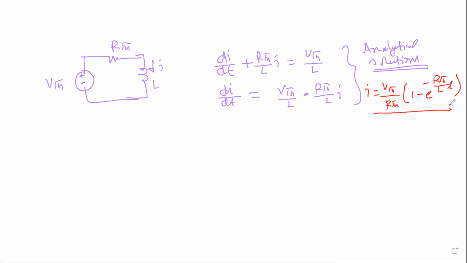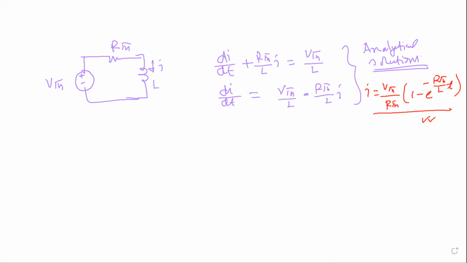Yes, sir. So your analytical solution is available to you. Why do we need this? Because when we are developing some approximate solution of this equation, we can compare our solution with this analytical result.